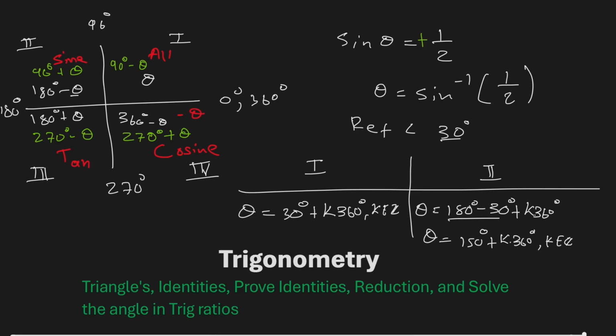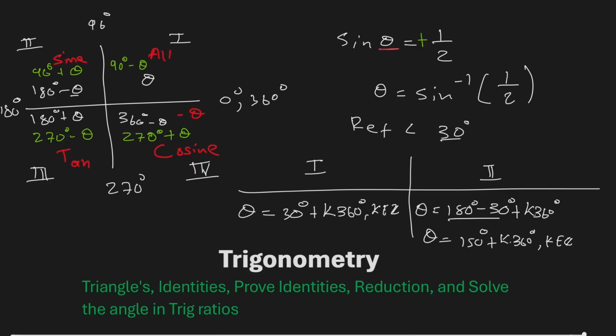If you add or subtract 360, you are going to get the same answer, which is half. For example, in your calculator, you can put 30 plus 360, which gives you 390. Sine of 390 still gives you half. If you put k as -1, you have 30 minus 360, which gives you -330.